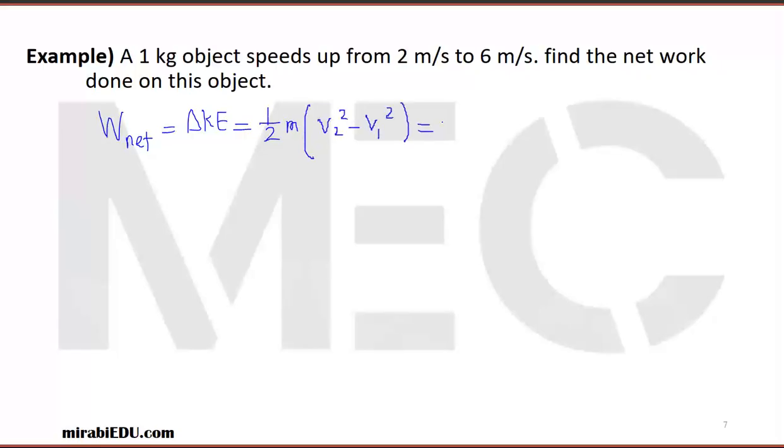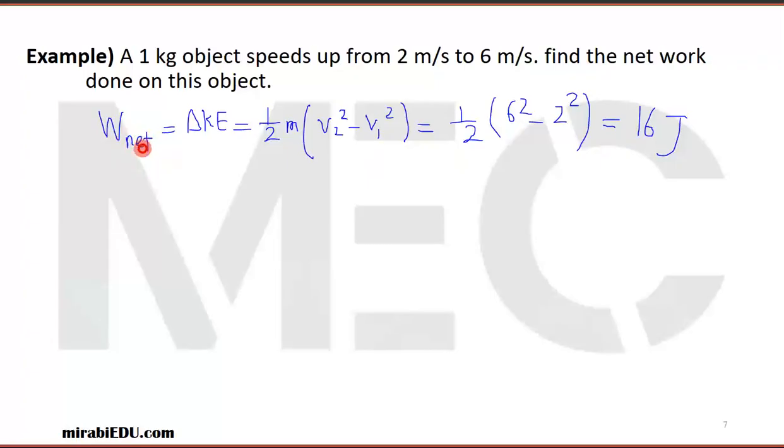So the mass is 1, the final speed and initial speed are 6 and 2, and therefore 36 minus 4 is 32, 32 divided by 2 is 16. 16 joules is the amount of net work done on this object.